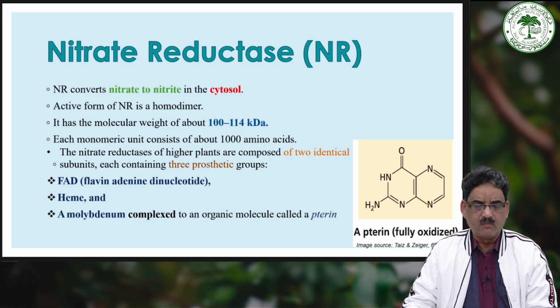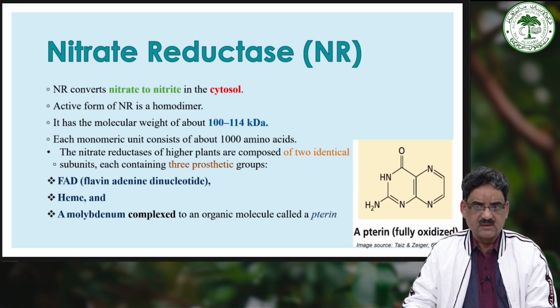The active form of NR exists as a homodimer with a molecular weight ranging from about 100 to 114 kilodalton. Each monomeric unit comprises approximately 1000 amino acids and is structured into 3 domains associated with cofactors.